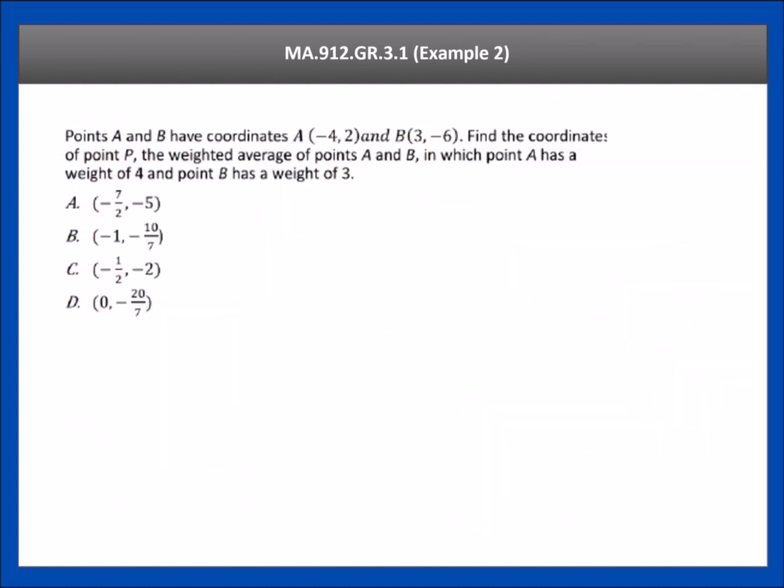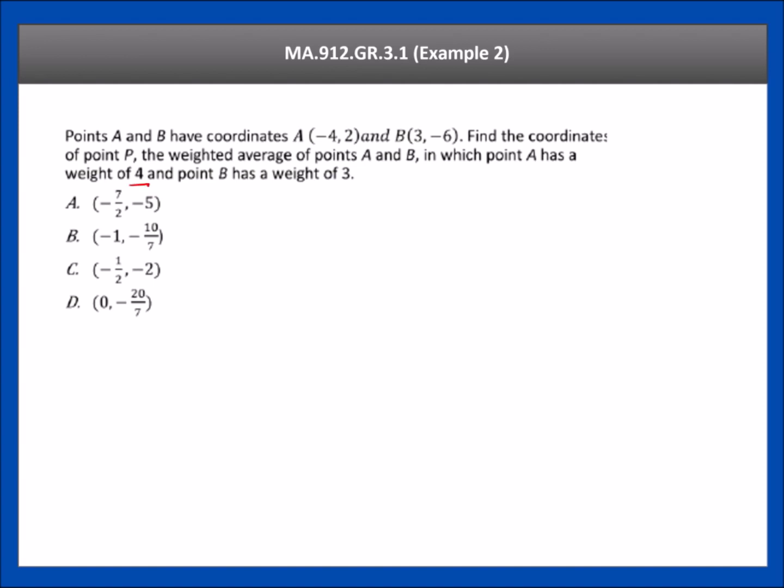All right, so let's do one where we actually use the weighted average. Points A and B have coordinates given by A and B. Find the coordinate of point P, the weighted average of points A and B, in which point A has a weight of 4 and point B has a weight of 3. So clearly they give you the weights.